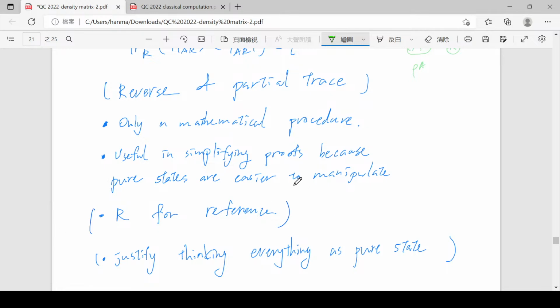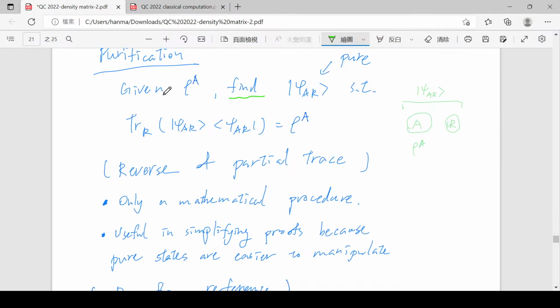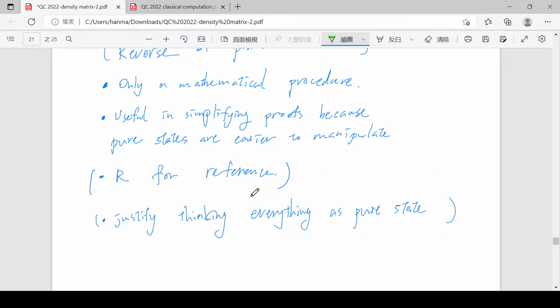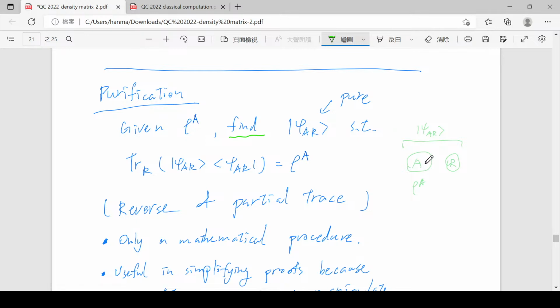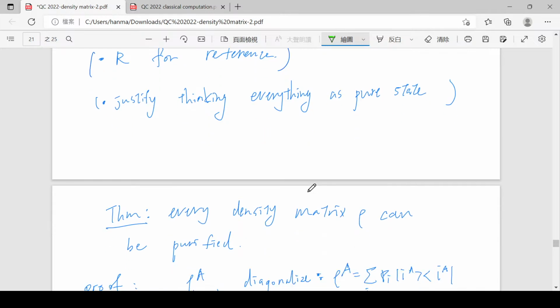And a small point here, we call it R because it's a reference system. And as we said, because this purification is always possible, we can kind of think of everything as a pure state. You can think of everything as a pure state on a larger system, and you are just doing manipulation on a small part, kind of.